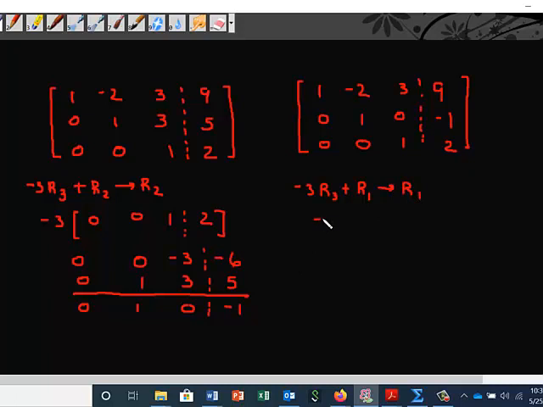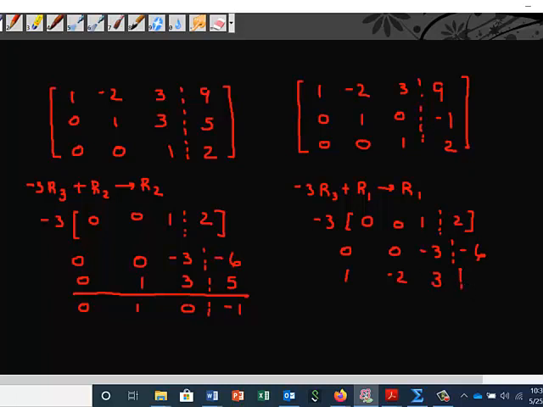So we'll say -3 times 0, 0, 1, 2. This will be 0, 0, -3, and -6. And that's going to be added to row 1, which is 1, -2, 3, and 9.